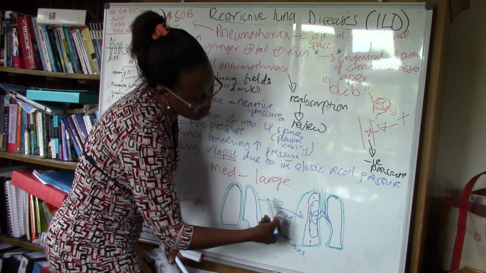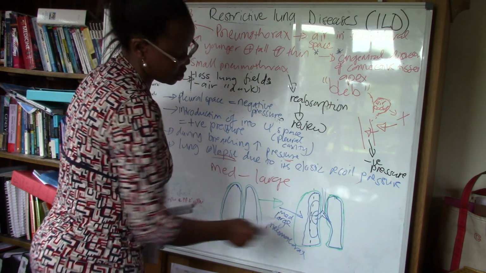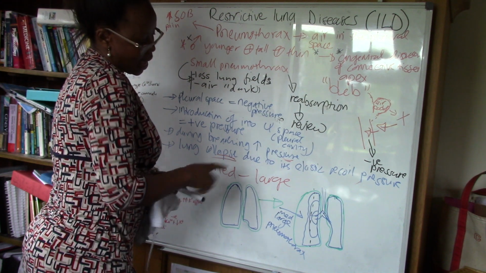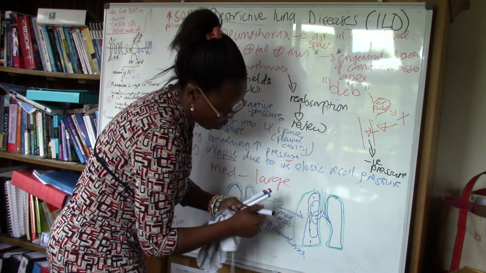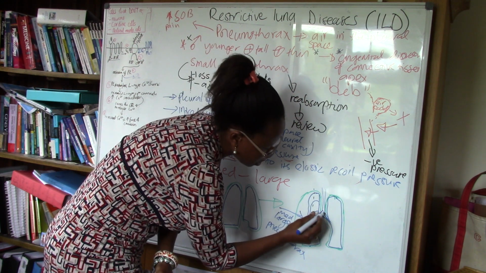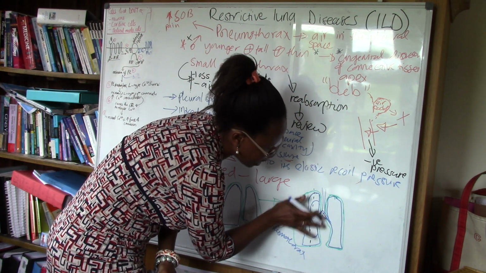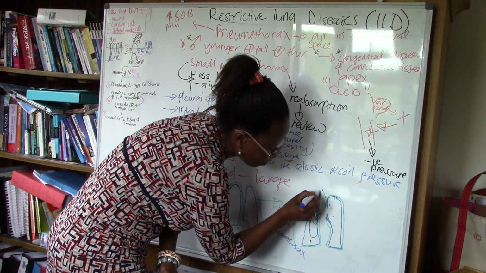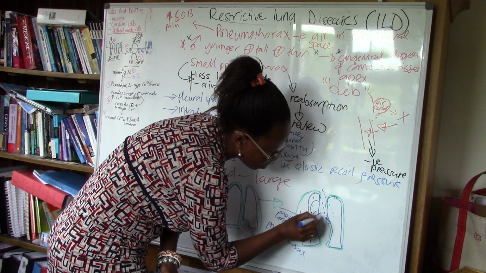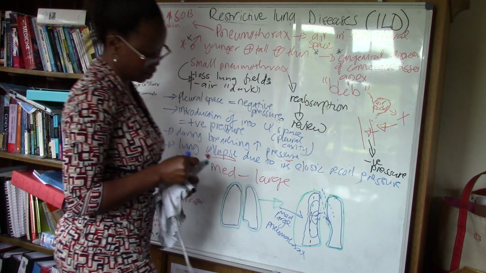So it gets pushed towards the left. And as that gets pushed, the mediastinum as well gets pushed towards the left, so there will be a mediastinal shift towards the left as well.